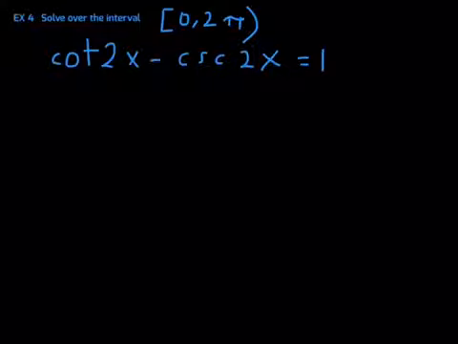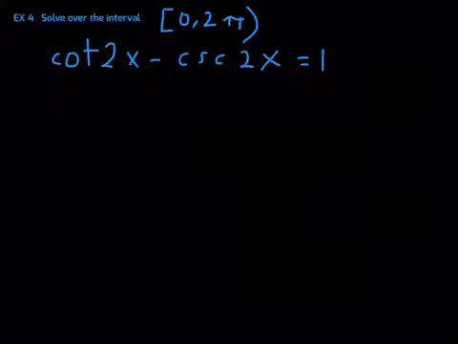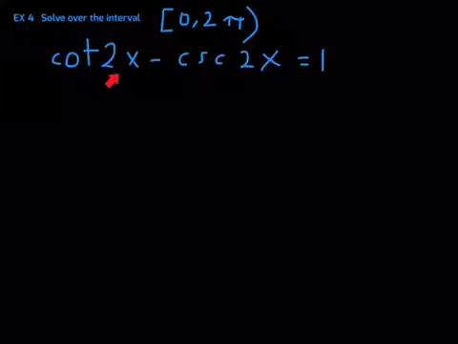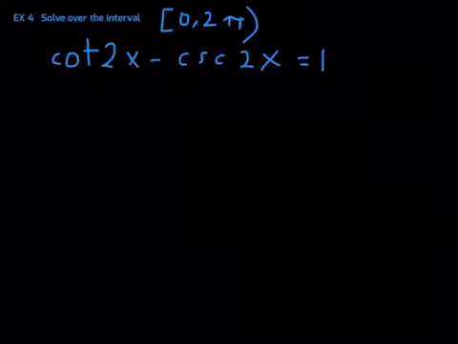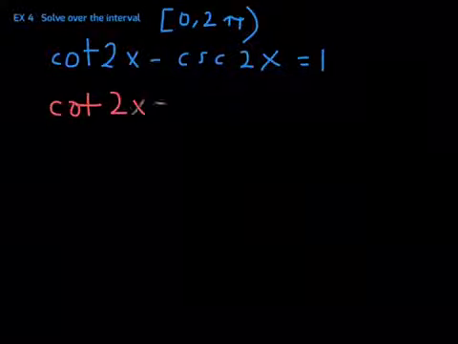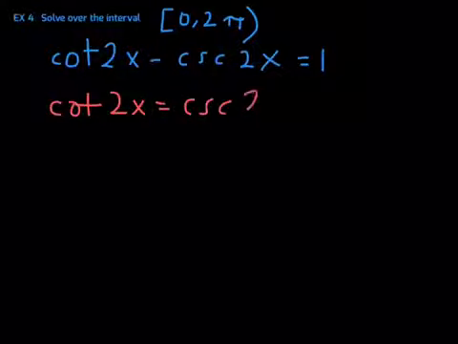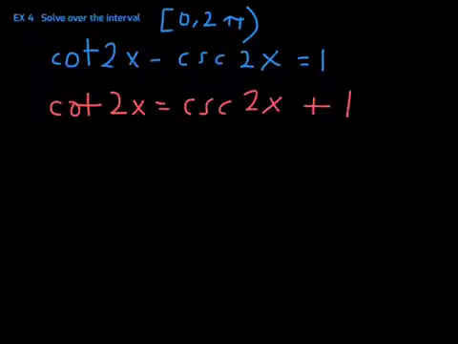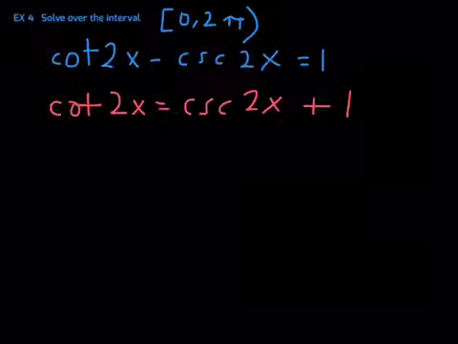But before I square, I think it'll be better if I isolate either cotangent of 2x or cosecant of 2x. I think what I'll do is isolate cotangent of 2x by adding cosecant of 2x to the other side. All right? So then I'll have cotangent of 2x is equal to cosecant of 2x plus 1, like that. And then I'll square both sides.